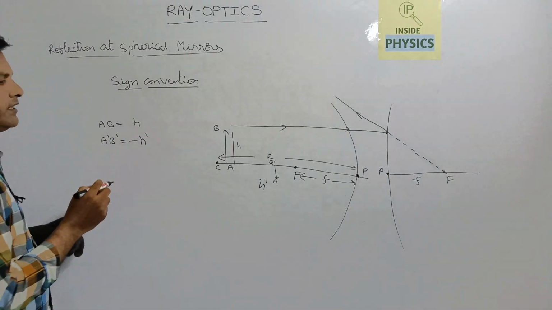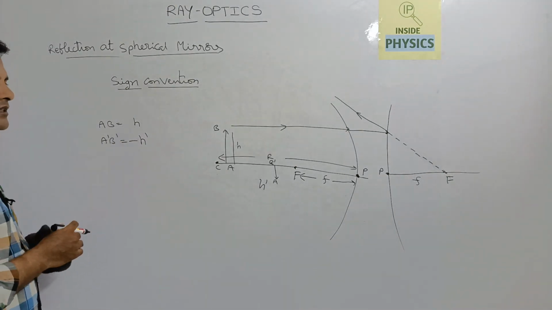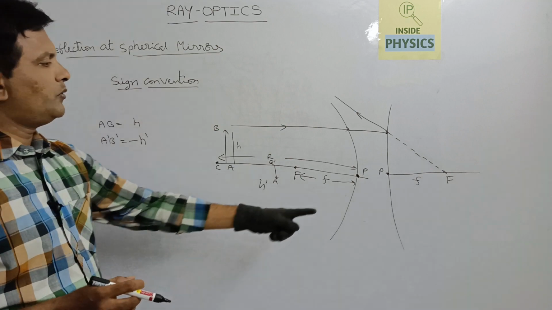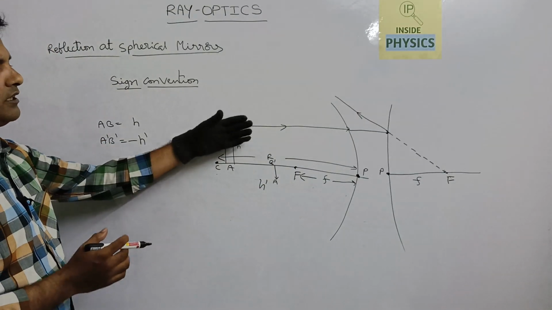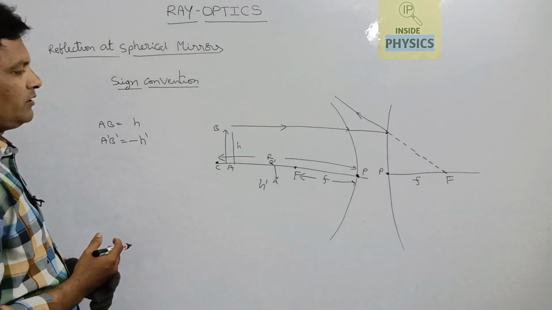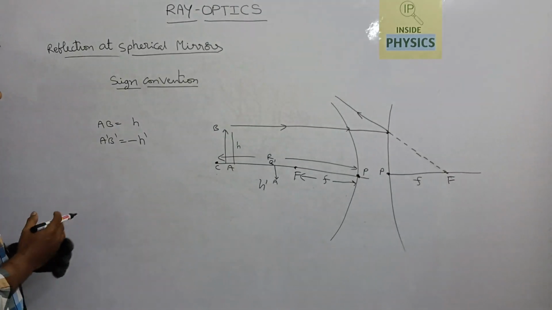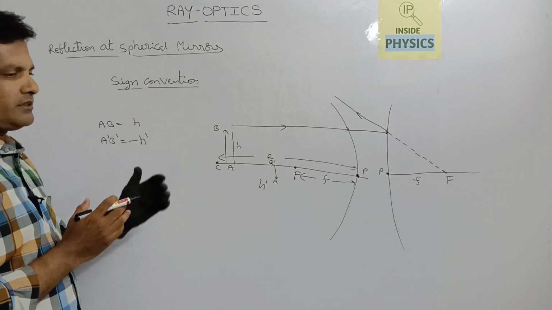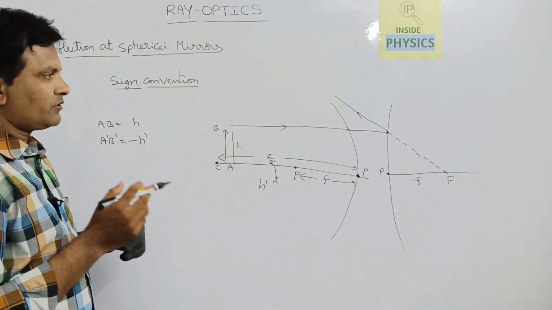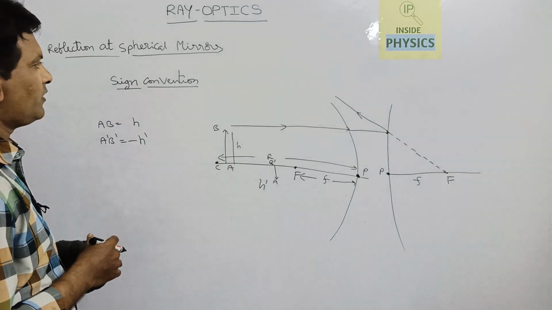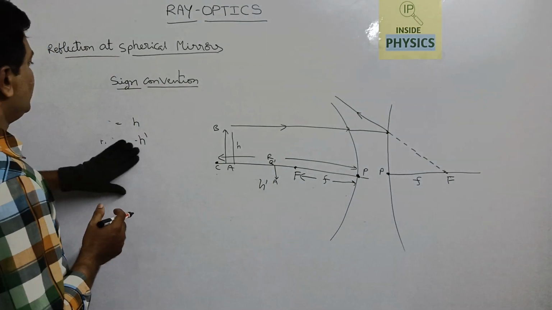So this is the sign convention for distances measured from the pole, and for distances measured above the principal axis and below the principal axis. We should understand this sign convention very carefully before going on to derive the formulas. Okay.